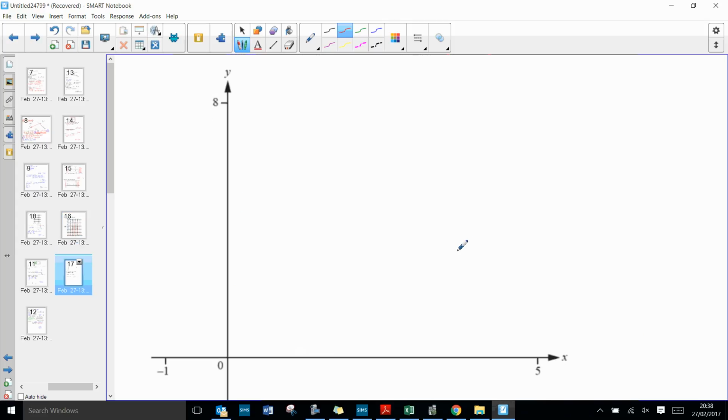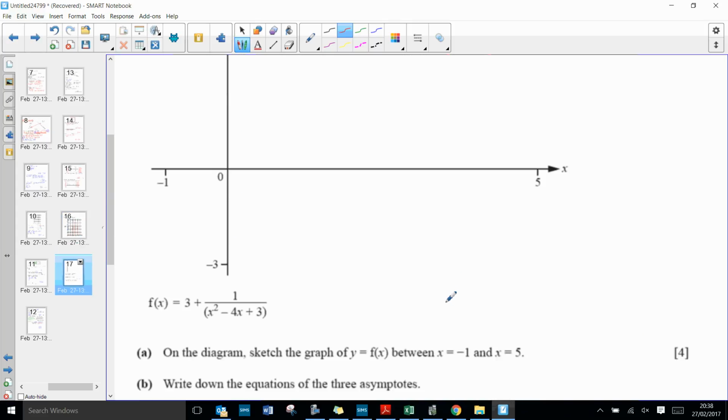Last question. So this is all on calc. On the diagram, sketch the graph between -1 and 5. So we need to stick this in our calc.